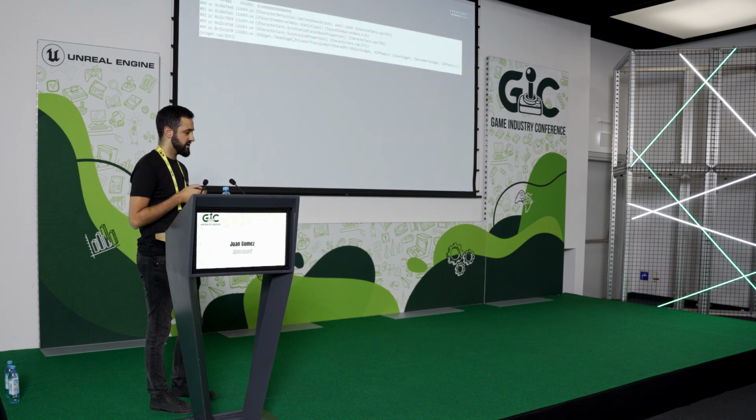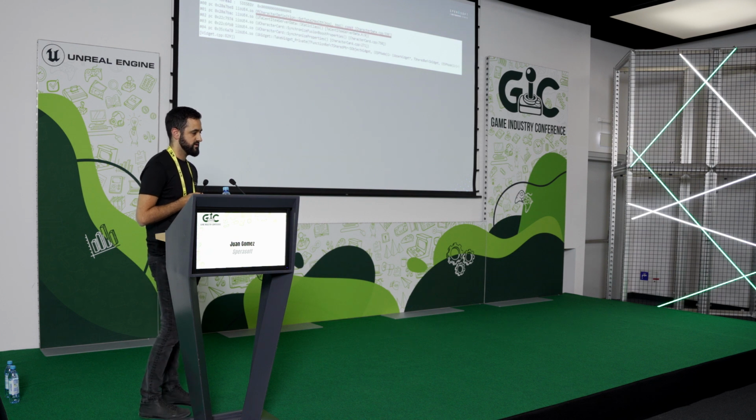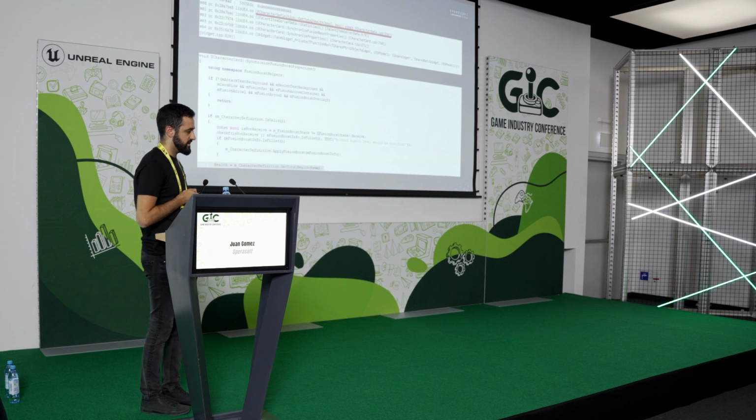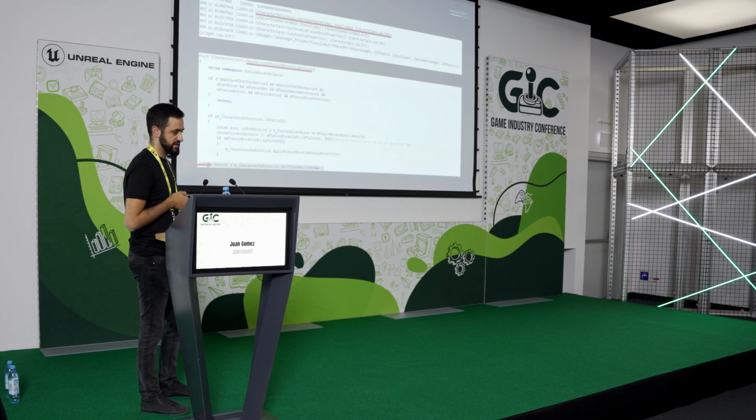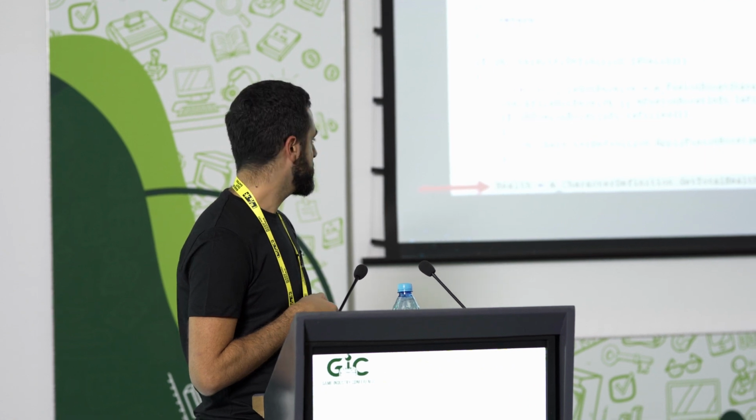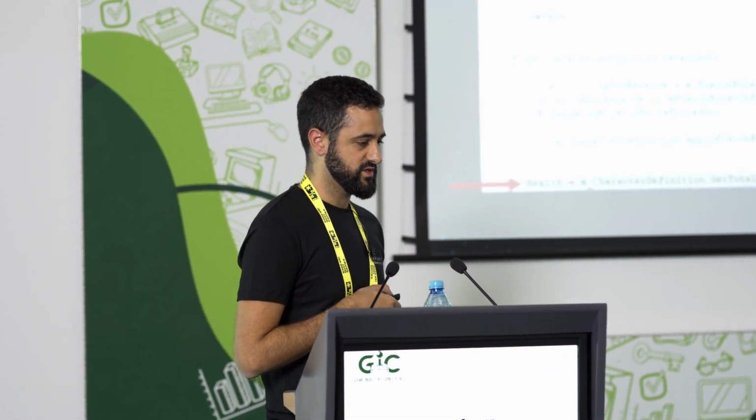For a very similar example, another one, Get Total Health. In this particular line, we're getting a crash. In this case it's simpler. M character definition is being garbage collected, and we just need to add U property to it.